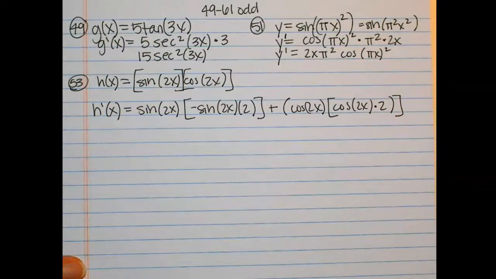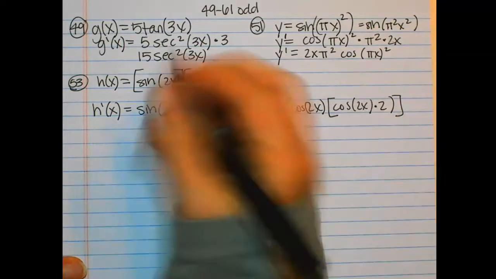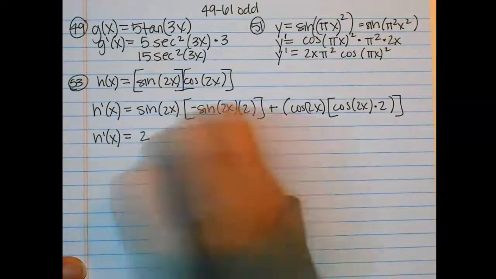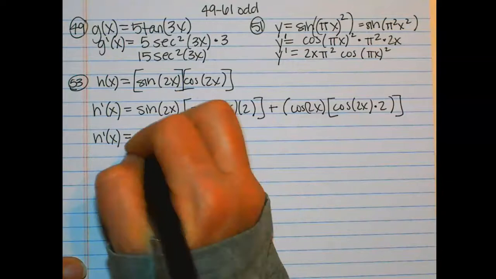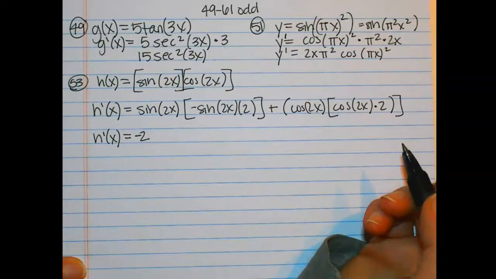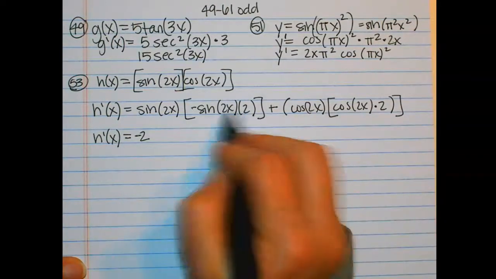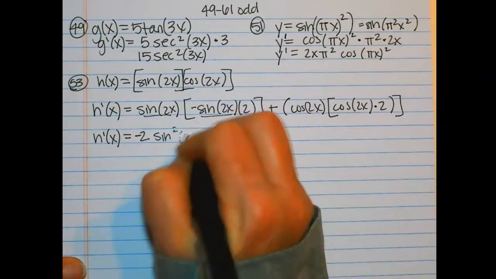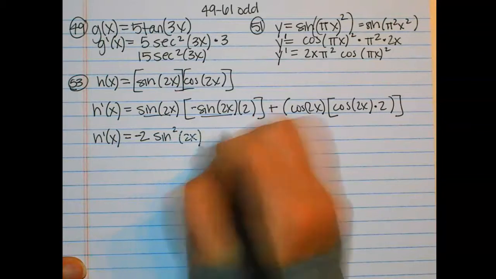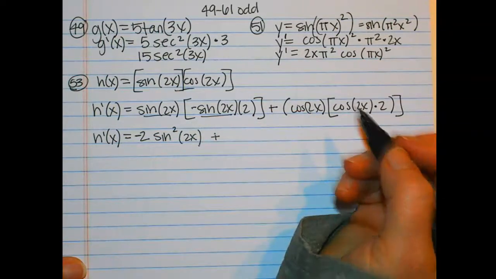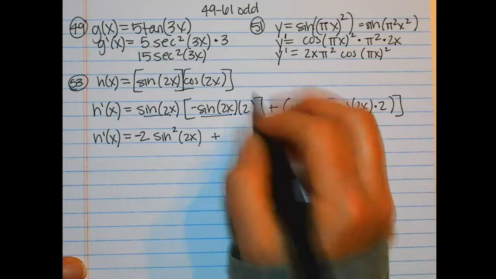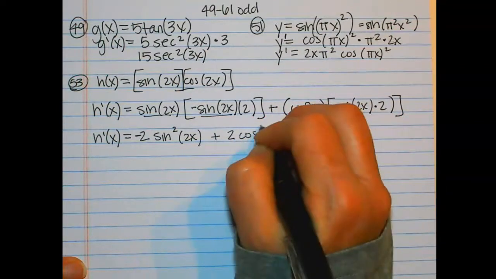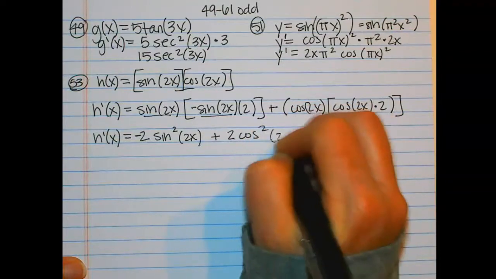So I end up with h prime of x equals, I've got negative 2, that's this, and then I have the same thing, so that means I have sine squared of 2x, plus I have 2 cosine squared of 2x.